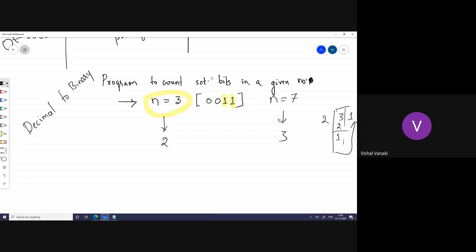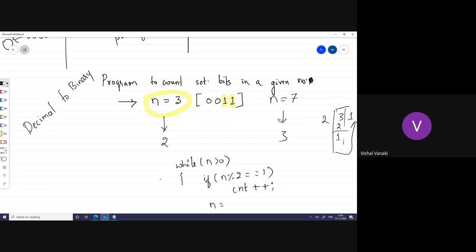So we can take a loop: while n greater than 1, and we can say something like this: if n mod 2 is equal to 1, count it.